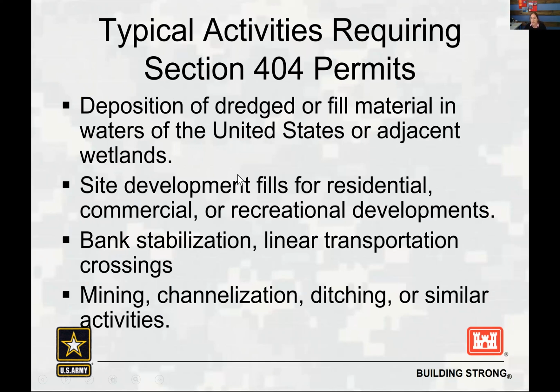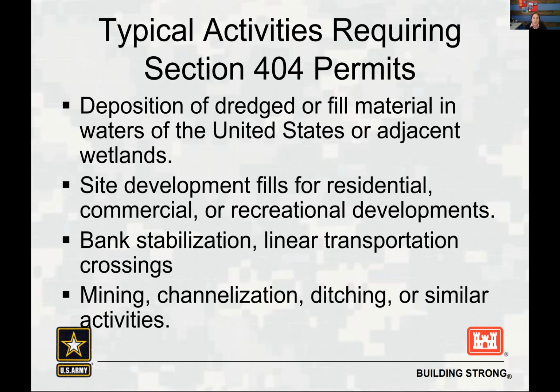What kinds of work do we review? It would be anything from little projects like bank stabilization projects along rivers and streams in people's backyards, to huge mining projects or railroad installation projects, development projects, including construction of residential developments and things like that.